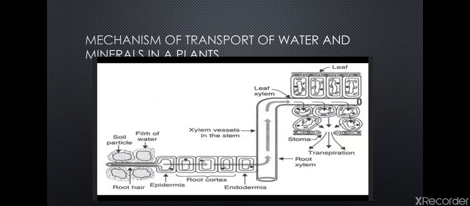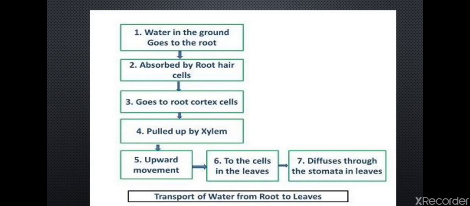I hope the mechanism of transport of water and minerals is clear to you now. Just keep this picture in your mind to understand the mechanism of transport of water and minerals in plants.